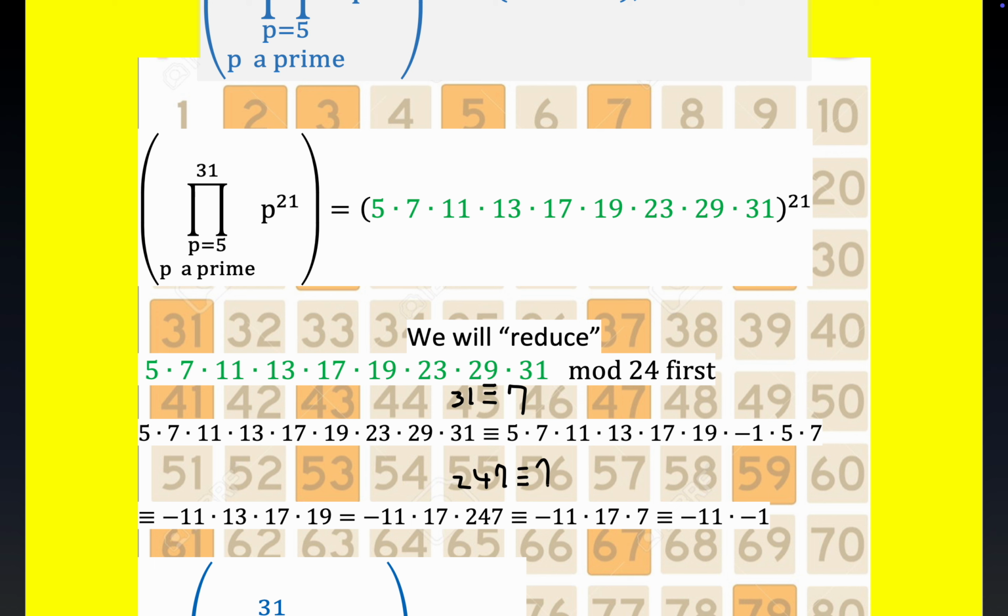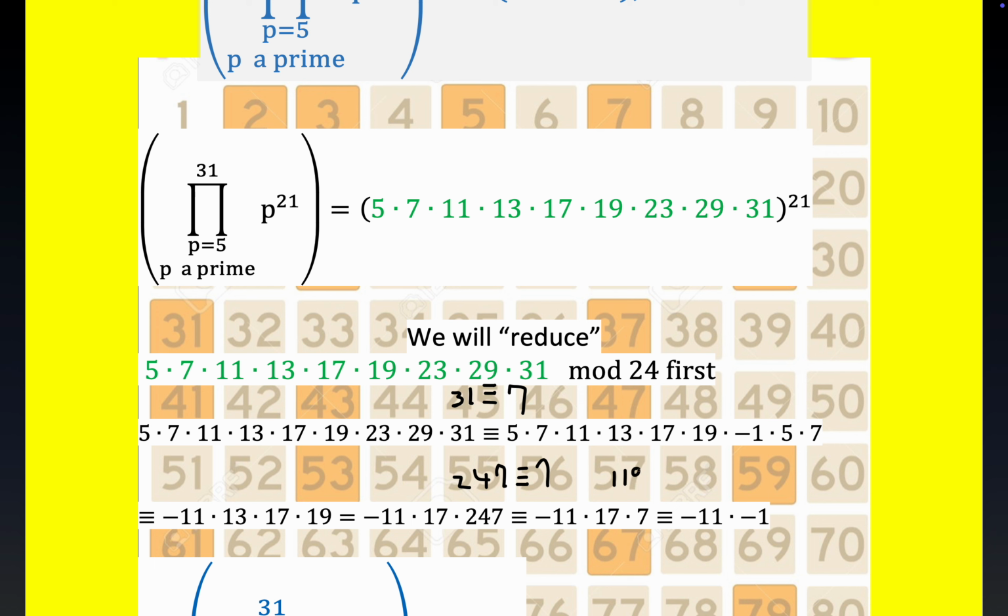Okay, and again, modulo 24, 247 minus 7 is 240, clearly divisible by 24. All right, and so now at this stage we're left with this 7 that you see right here. Now, notice that 7 times 17 is 119.